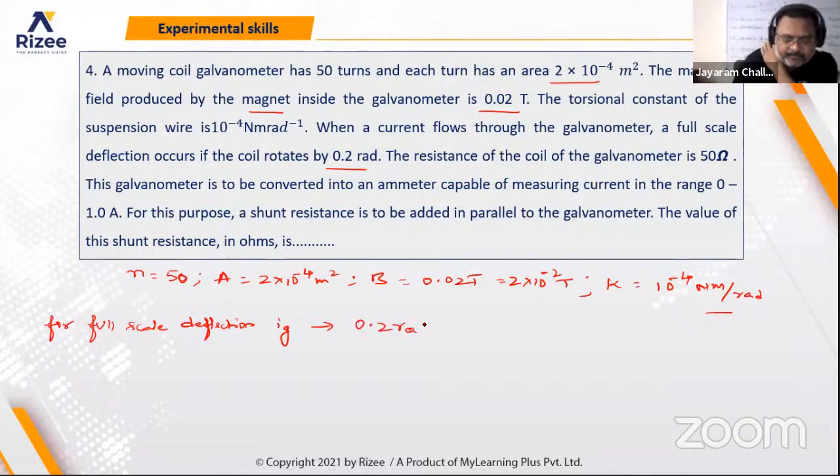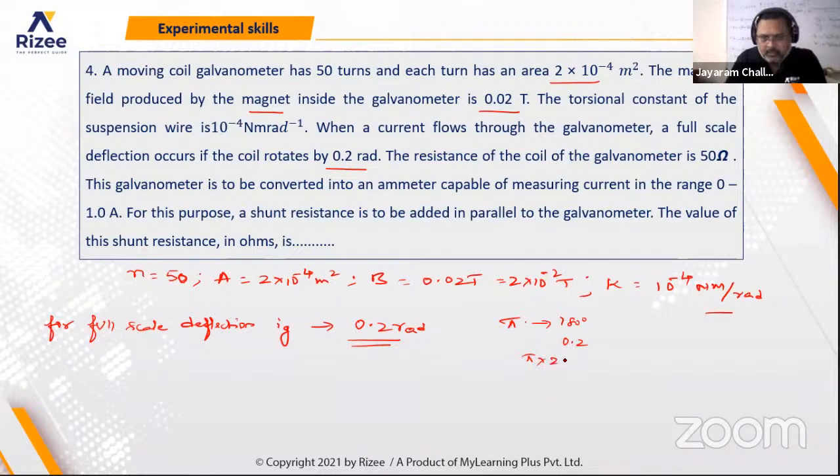So the maximum rotational angle is 0.2 radians. Okay, if you want, you can also convert that into degrees. Pi radians is nothing but 180 degrees, so 0.2 radians is going to be pi into 2 into 10 to the power of minus 1 by 180 in the sense. You can go for it like this and you'll get it in terms of degrees also. Okay, but that's not the thing here, please.